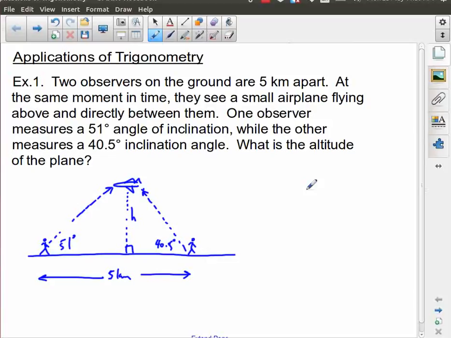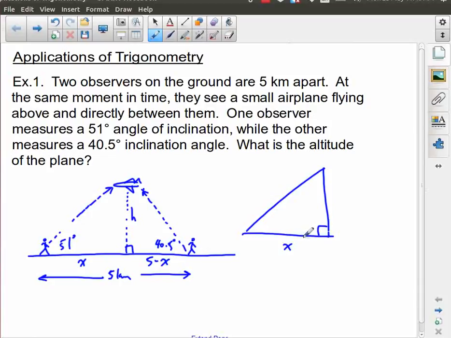And so if I were to do this, I would probably redraw this using two triangles. Now, we don't know that the plane is halfway between them. We only know that the plane is above this line that connects them. And we've done an example like this before in a previous lesson. If I call this x, then that means that this side must be 5 minus x.